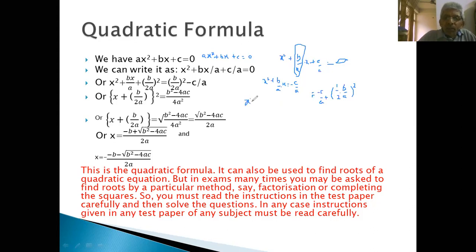So we get x square plus b by a into x plus 1 by 2 into b by a whole square, and this equals minus c by a plus 1 by 2 into b by a whole square.